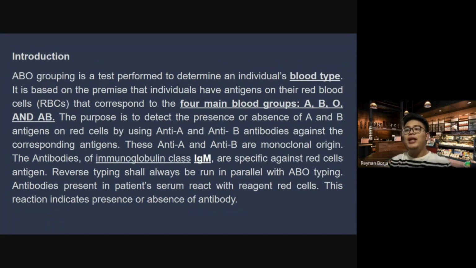Okay, ibig sabihin, expected antibodies yung dinidetect natin using your reverse typing. Remember that? Ini-expect natin na merong antibodies sa certain blood group, sa certain blood ABO group. Okay? So, let's dig deeper later.